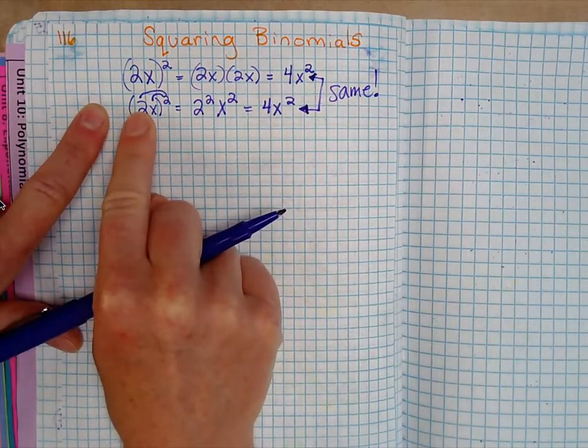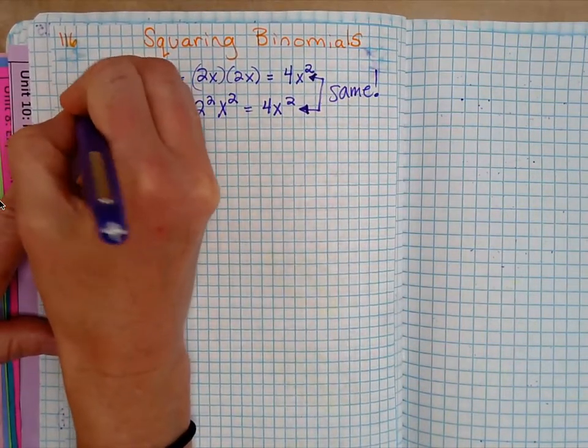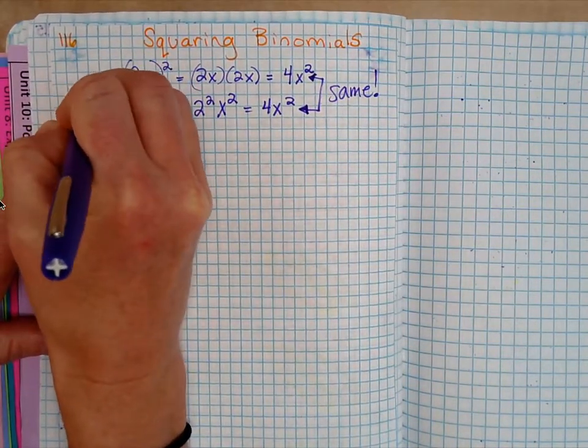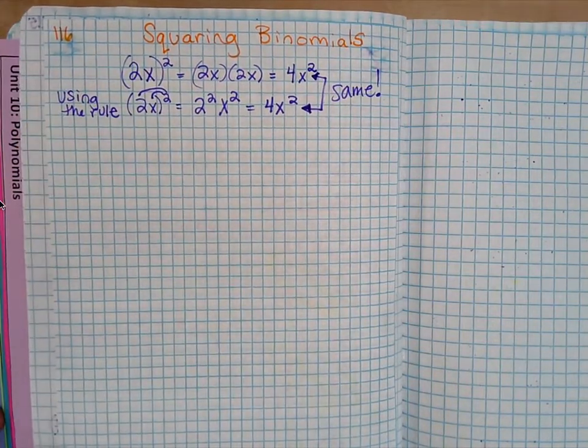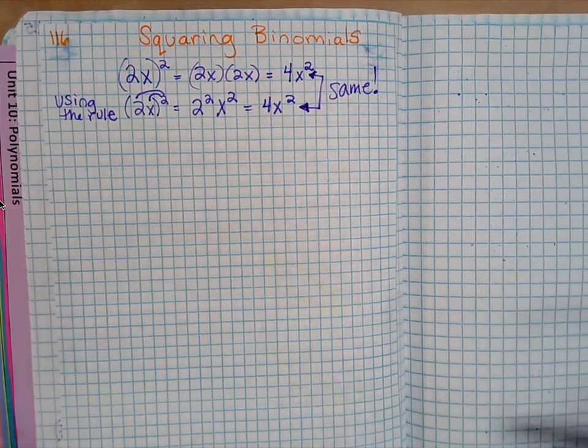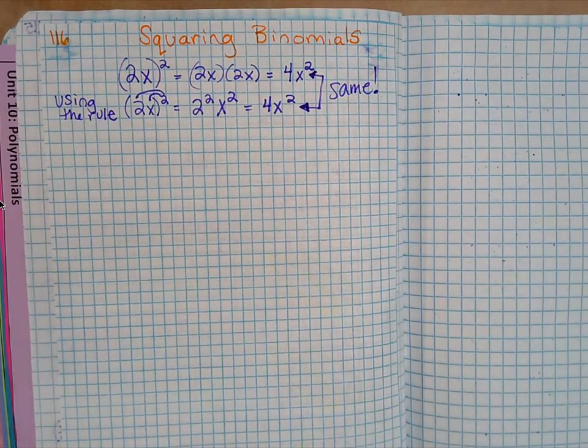This is using a rule. And the other way is by actually expanding it out and simplifying it.